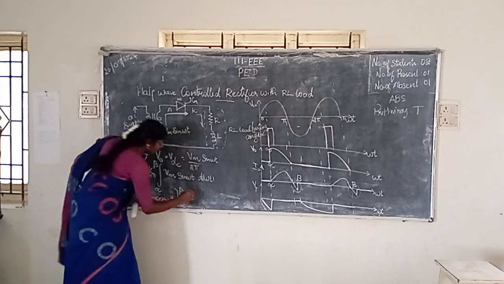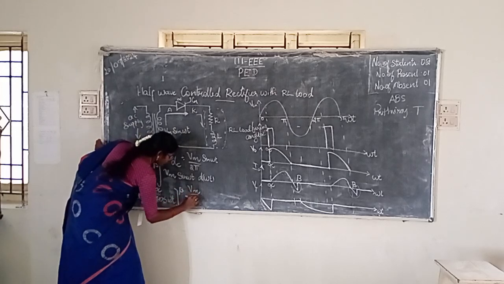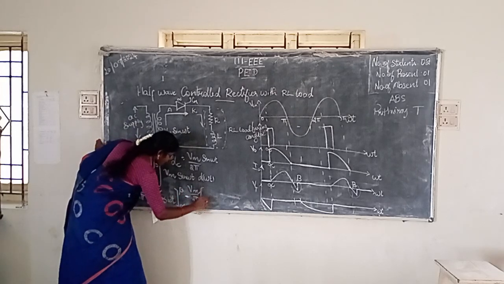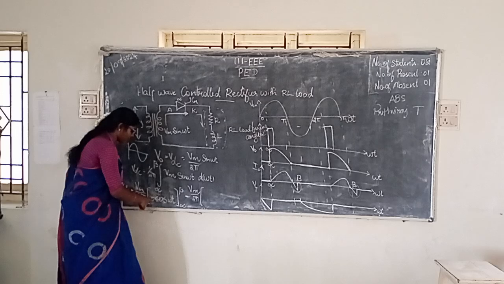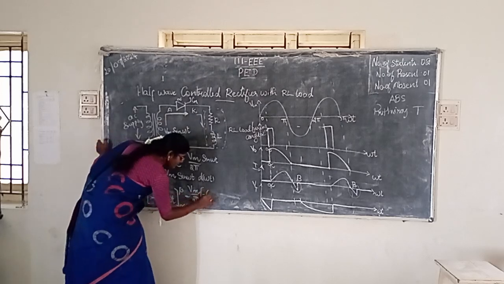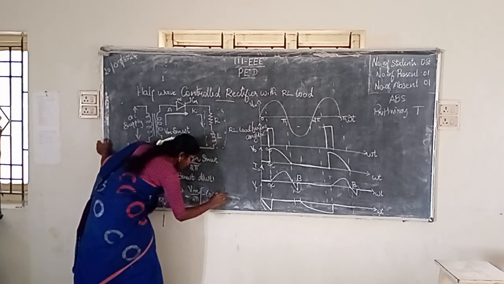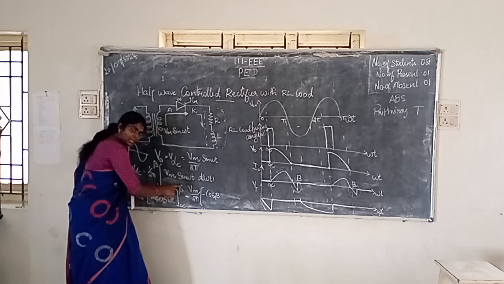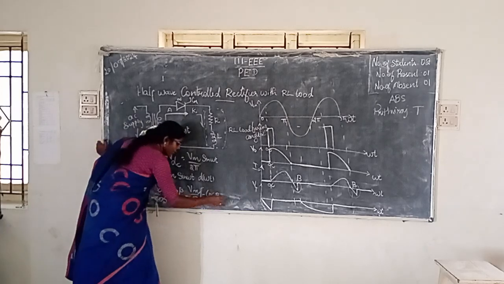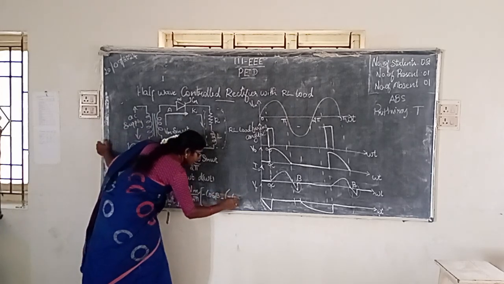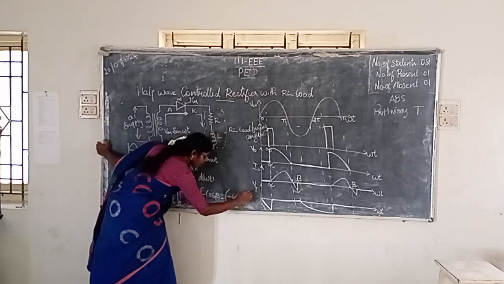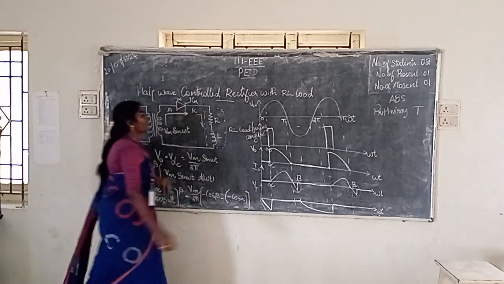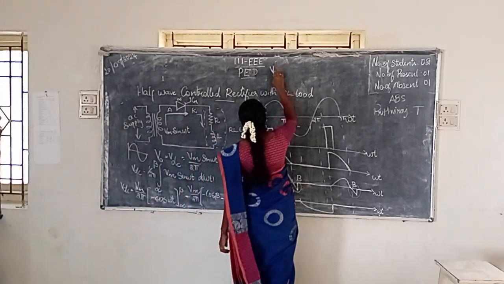So this can be written as Vm by 2 pi, upper limit minus lower limit: minus cos beta minus of minus cos alpha. Clear up to this?